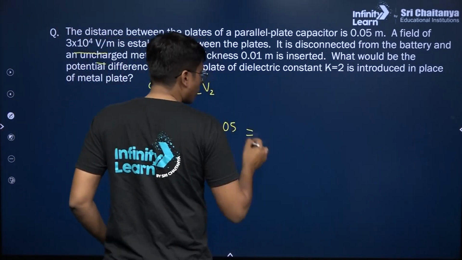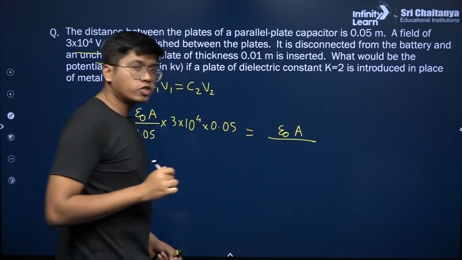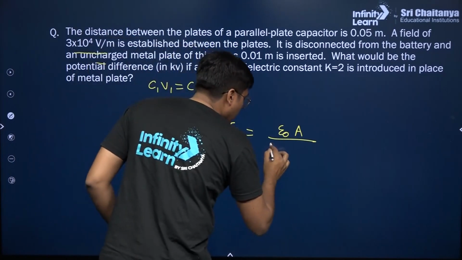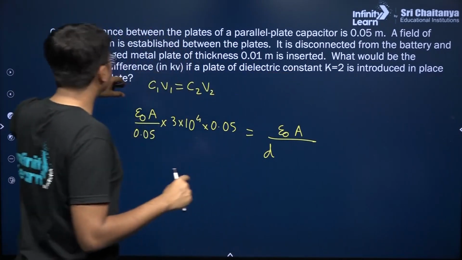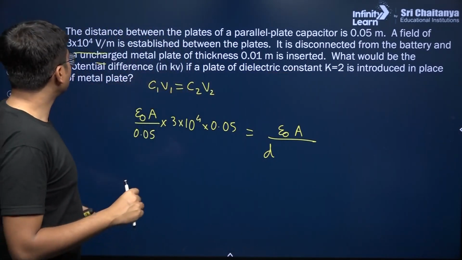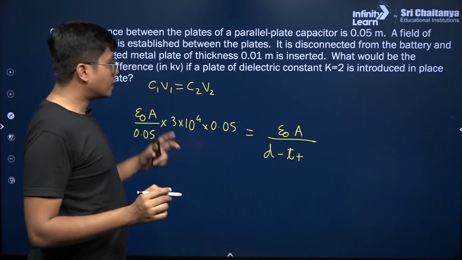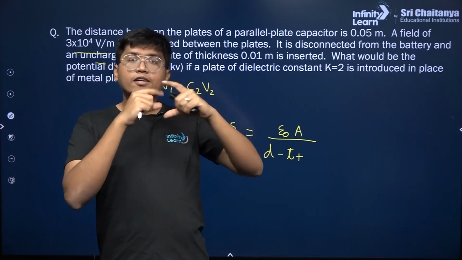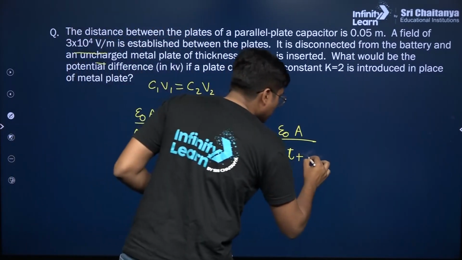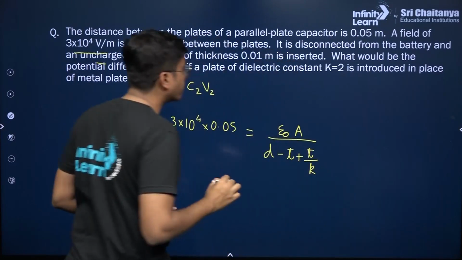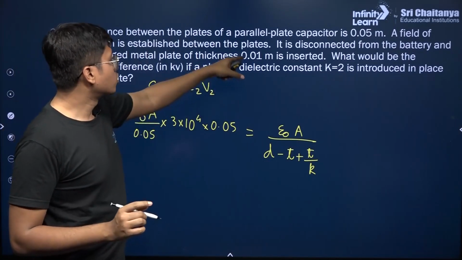And on the other side, for C2, you have epsilon naught A, but down below things change. Now you have D, which was the original thickness, and from that you remove the thickness of the plate, so minus T. Then we add that thickness of the plate with the dielectric constant, so plus T divided by K. The thickness of the plate is given, 0.01 meters.